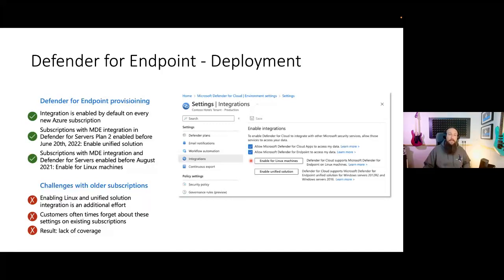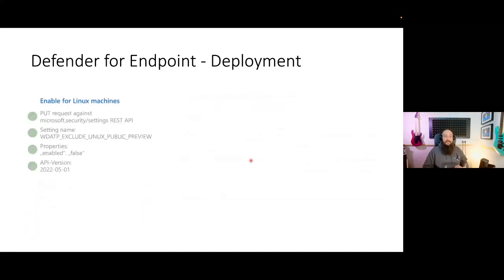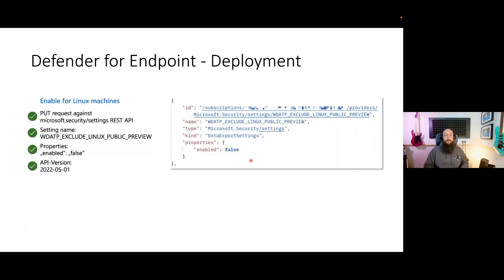And clicking these buttons actually means this is an API request. So if you click the button, a PUT request will be submitted against the Microsoft.Security/settings REST API provider. And the setting name for the Linux integration is WDATP_EXCLUDE_LINUX_PUBLIC_PREVIEW. And this setting needs to be set to false. So you basically need to switch off the exclusion for the Linux public preview.